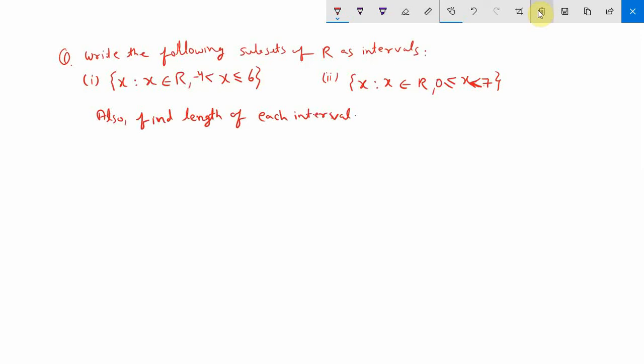So we have discussed the intervals, closed interval and open interval, we have seen. We have not discussed the length of an interval, so please note this down.